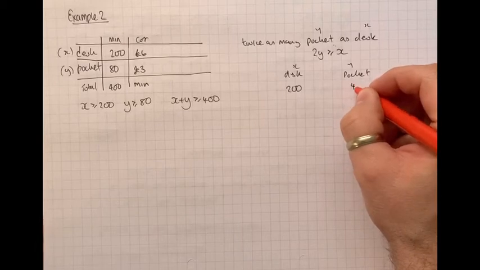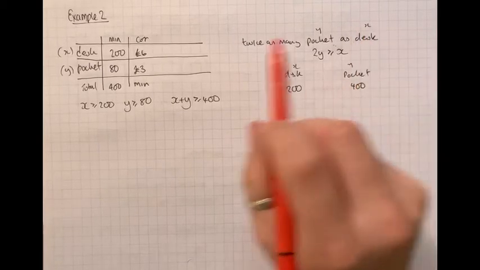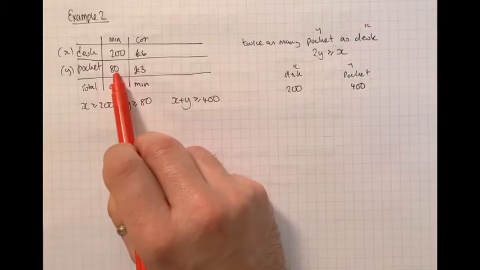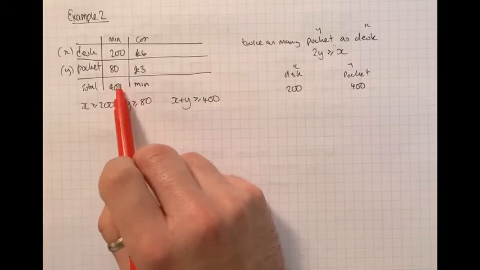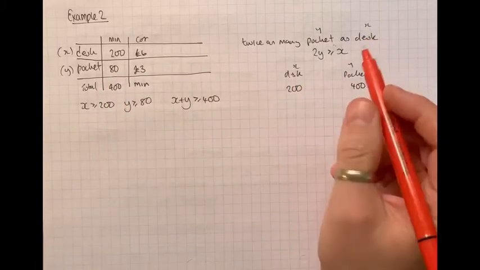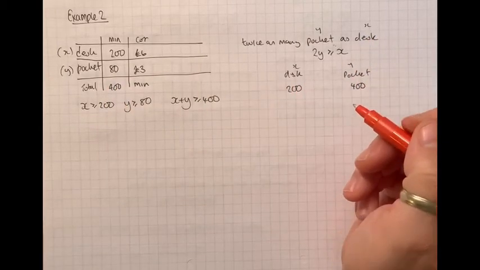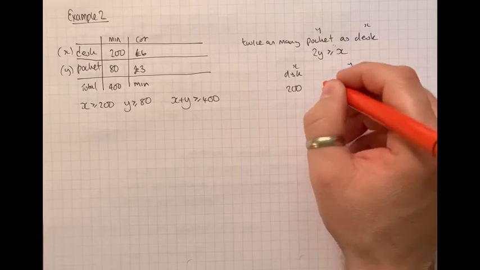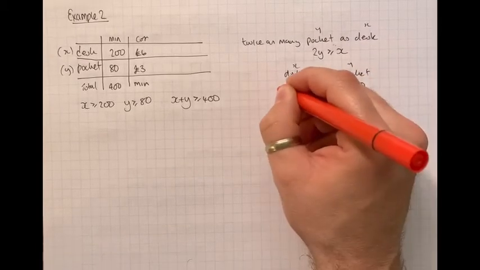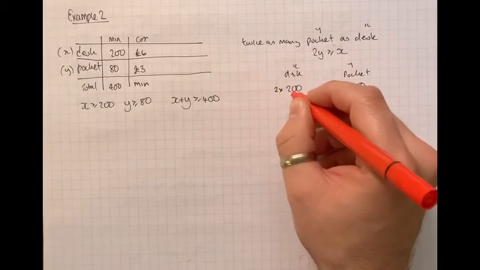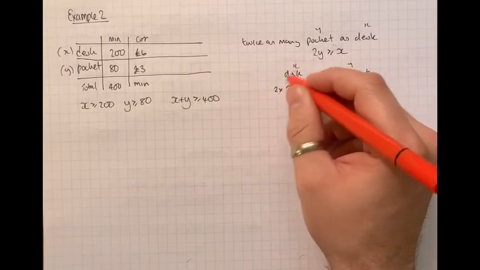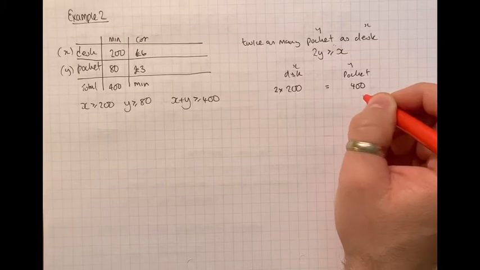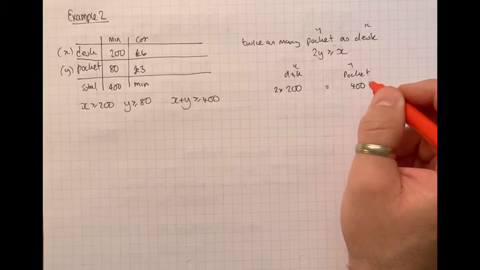So you'd actually need 400 pocket diaries, which makes nonsense of this being 80, because actually the minimum is 400. Now try to create that into an equation. If you make that into an equation, you'd have to double this side, because 2 times 200 equals 400. So it's actually the x that doubles, not the y. It's counterintuitive. It's the opposite to what you probably think.